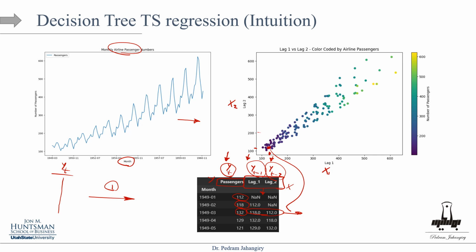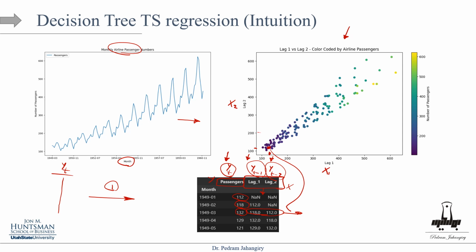So let me go ahead and clear things out here if I can. Okay, so then I want you to focus on this data set, focus on this graph, right? What do we have? We have lag 1, lag 2 as features, and it is color coded. So what are the colors? The colors are the number of passengers, monthly passengers, right?